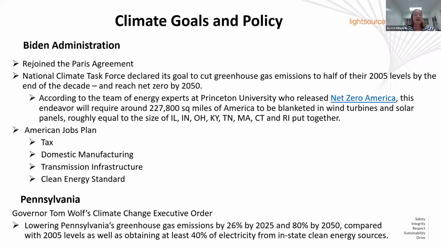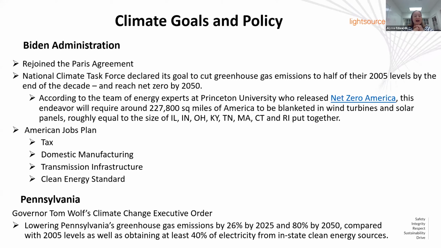Also, from a legislative perspective, I'm sure a lot of you read in the press about the infrastructure bill. The Biden administration calls its infrastructure plan the American Jobs Plan, again conflating these issues that are very important to the administration.